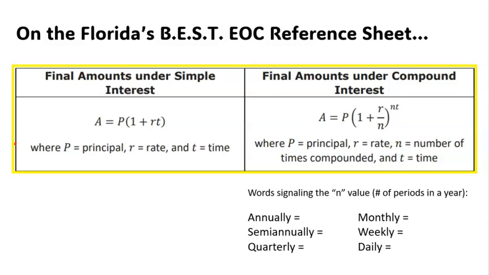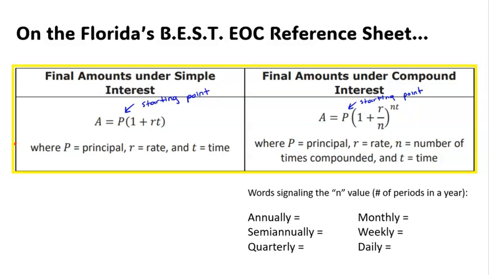And so right when you get your reference sheet, let's go ahead and mark that this is our starting point. So your starting point is always going to be that number outside of the parentheses. And that goes the same for this one. That's our starting point. And it doesn't matter whether it's compound interest or simple interest.